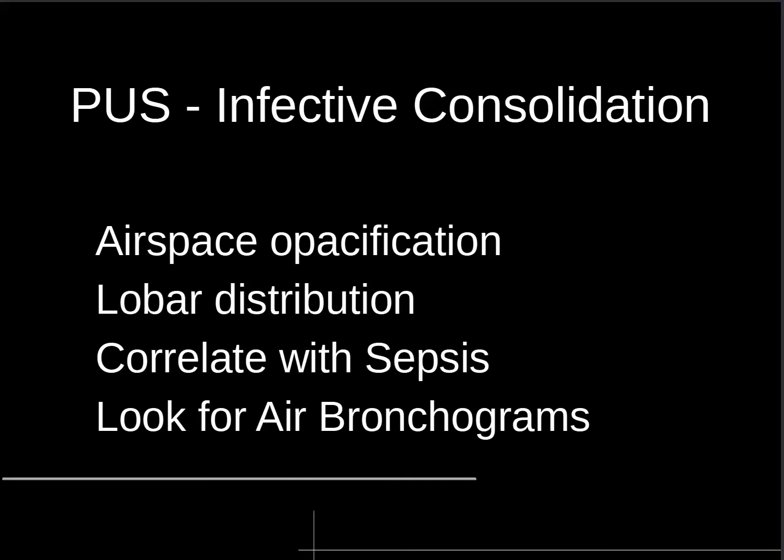This isn't normally the case because both airway and alveoli contain air, so you can't see the difference between the two. But if you've got pus in the alveoli, then you will see the air in the airway, the bronchus or the bronchiole, much more clearly.